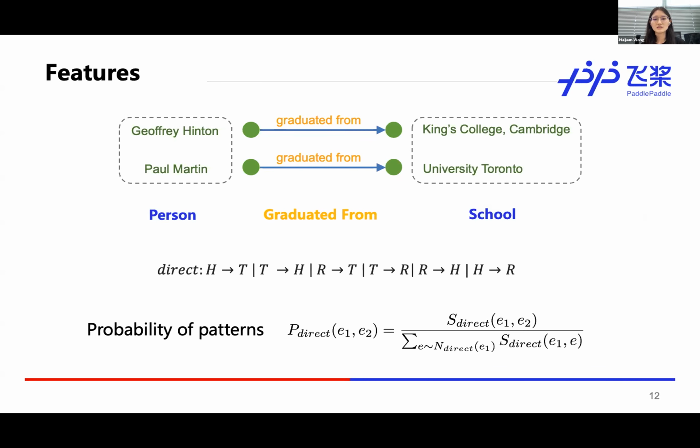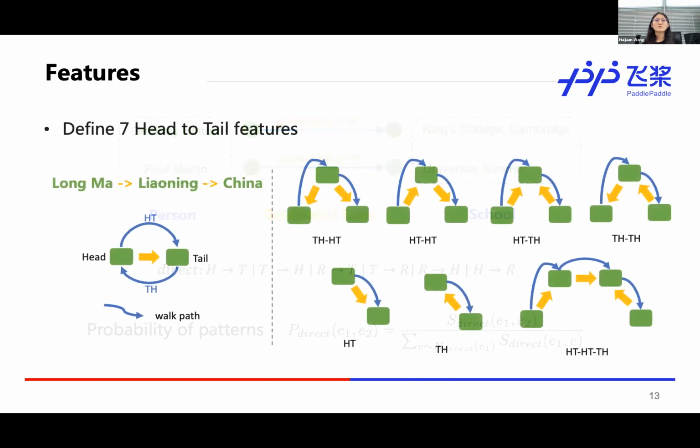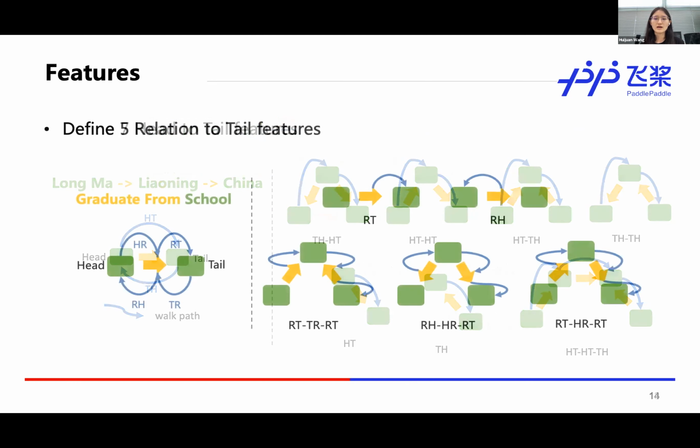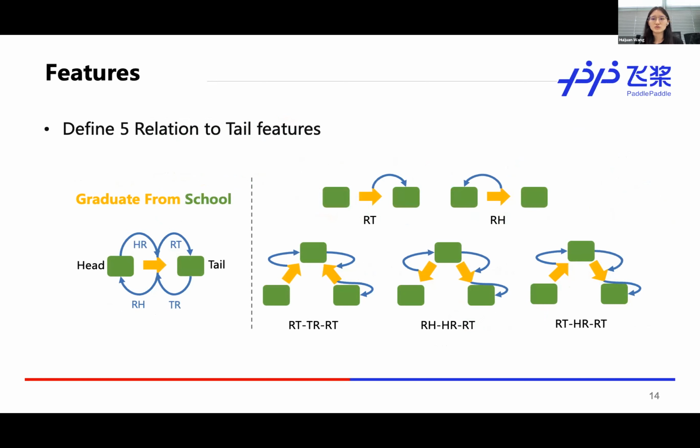We can calculate the probabilities of each pair arising together and directly predict new triplets according to these features. Specifically, we define 7 head-to-tail features to describe interactions between entities, as well as 5 relation-to-tail features for the correlation between entities and relations.